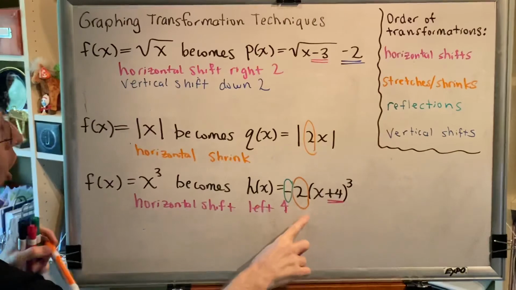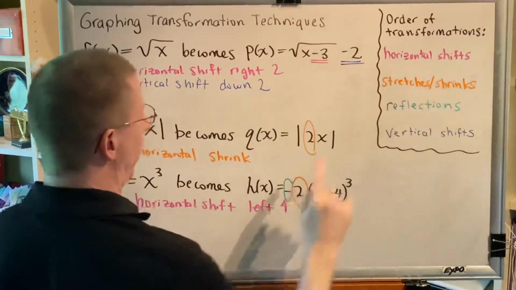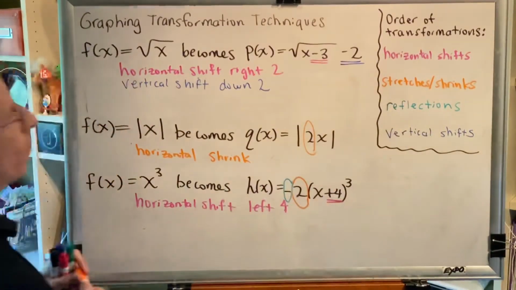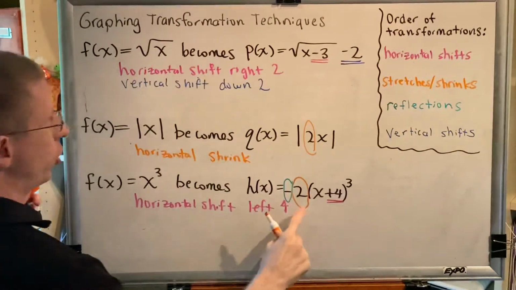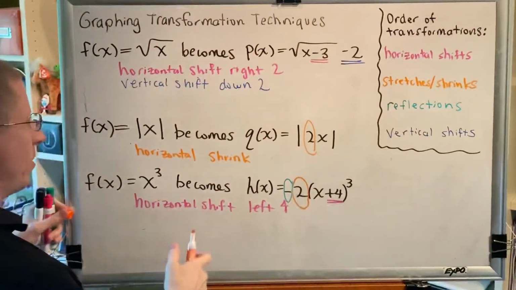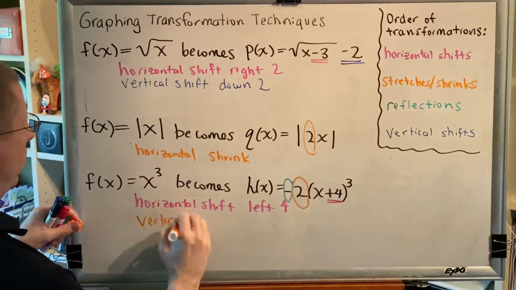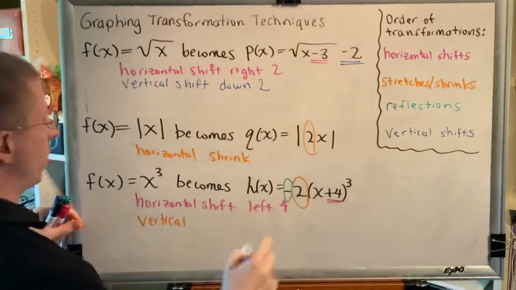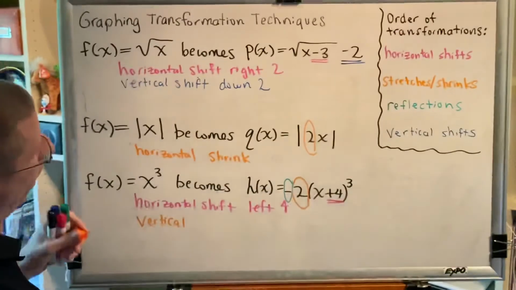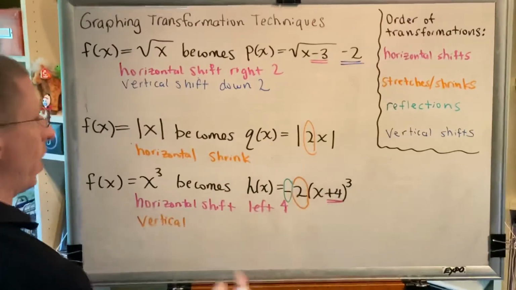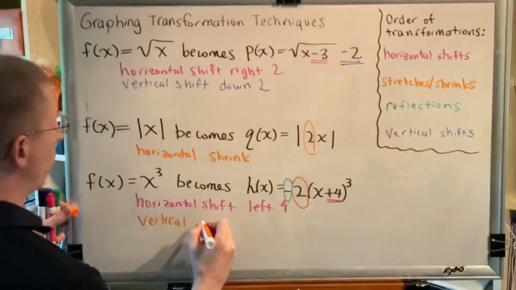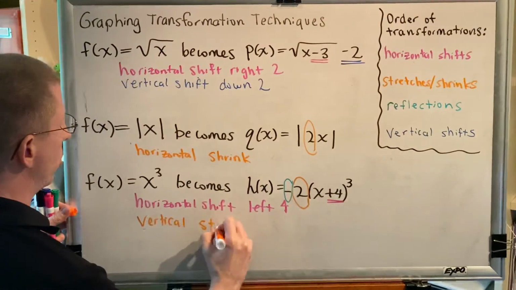So this single integer, -2, represents 2 different transformations at the same time. The 2 part represents a stretch or shrink. The negative part represents a reflection. Okay, so let's do the 2 part. The 2 part is outside far from x, which makes this vertical. And the fact that it's multiplication by a positive means it's a stretch or shrink. Which is it? Well, 2 is bigger than 1. Verticals behave the way you would expect, so this is a stretch.